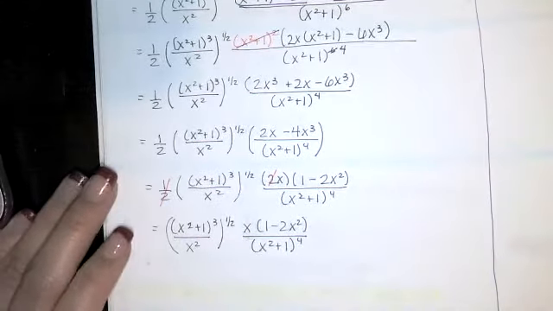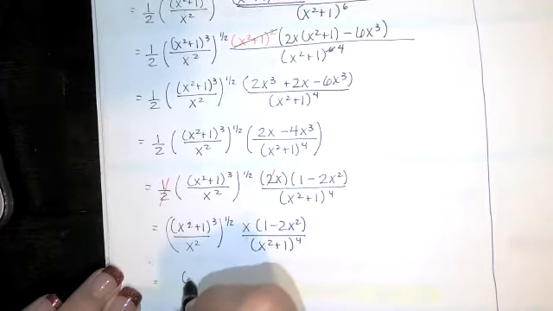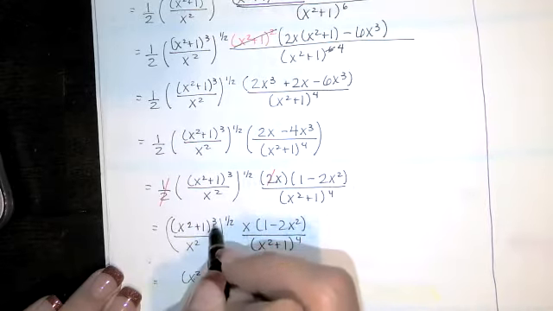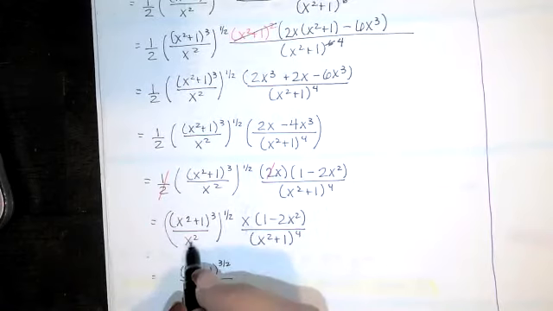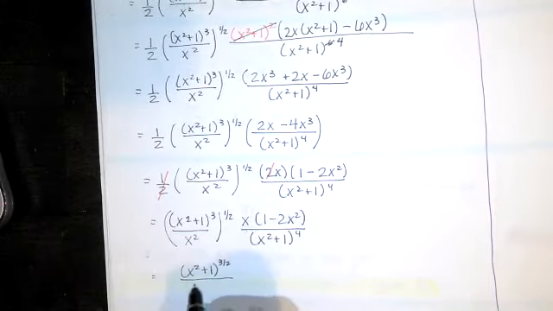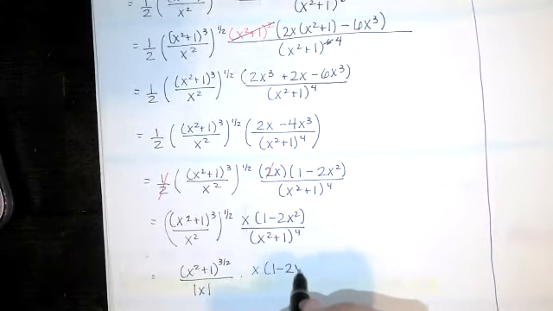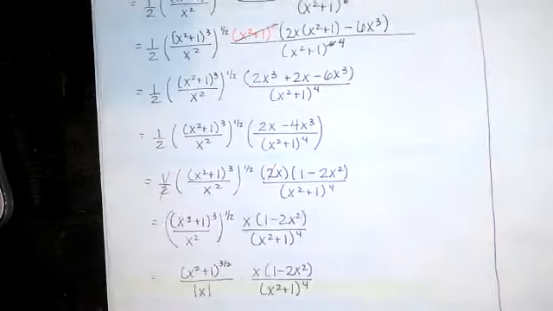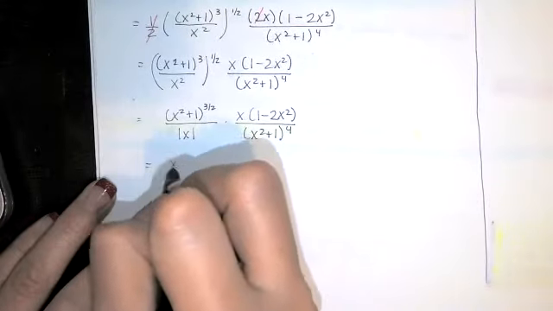So let's keep going. This is (x squared plus 1) to the 3/2 if I apply that 1/2 power to this and this. And then down here, I'm thinking of this as the square root of x squared, which is the absolute value of x. And so we've got x divided by the absolute value of x. I'll factor that out.